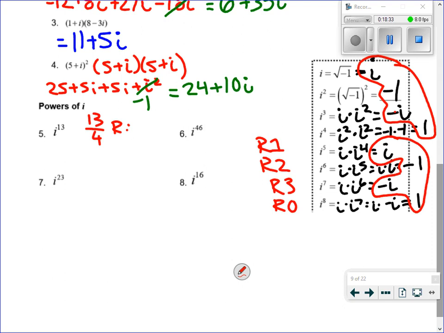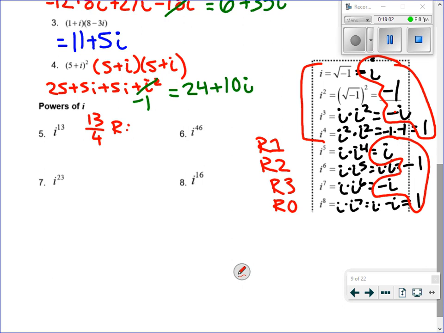It's repeating itself every 4 each time. So if you can divide that exponent by 4 and figure out what the remainder is, if the remainder is 1, it'll be the same thing as i to the 1. Remainder is 2, same thing as i squared. Remainder is 3, i cubed. Or if there's no remainder, that's the same thing as i to the 4th.